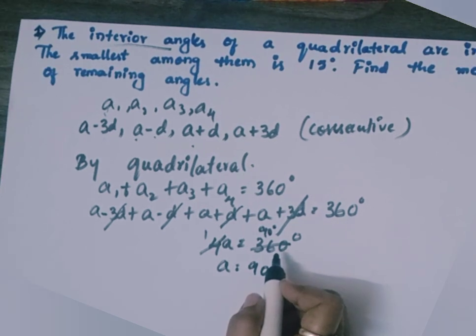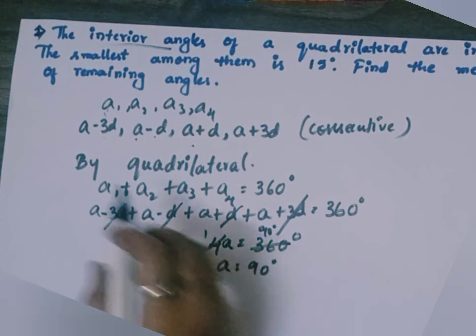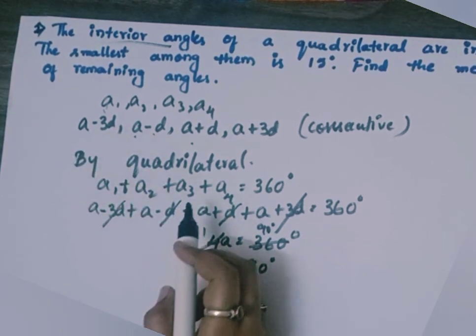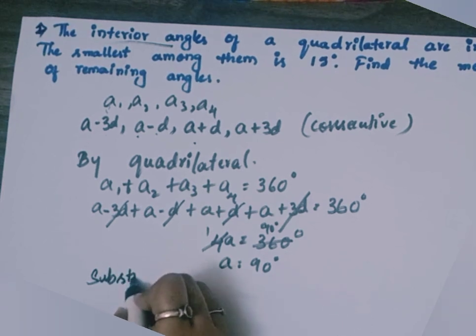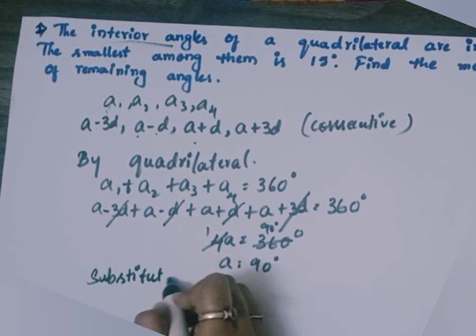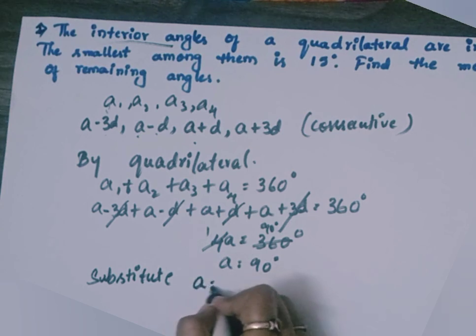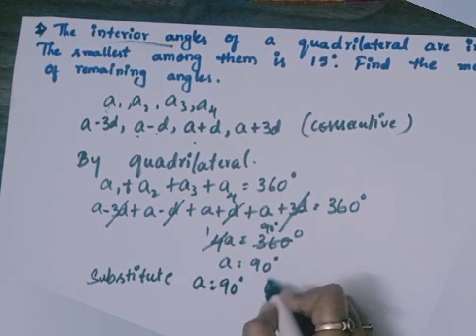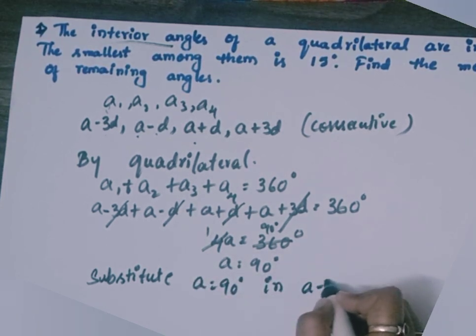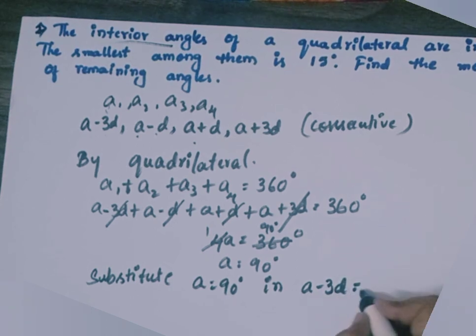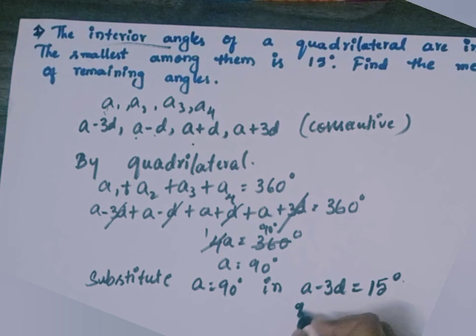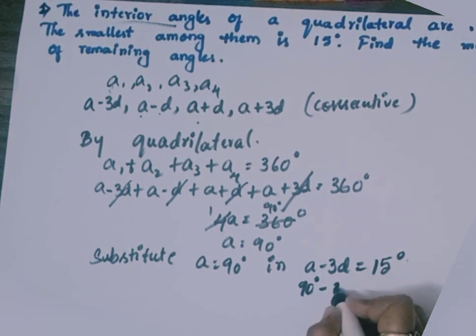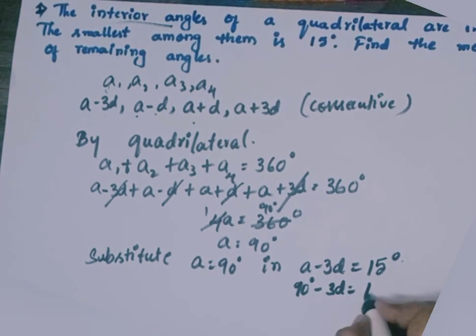Now they said the smallest one is 15 degrees. Which is the smallest one? That is a minus 3d. So I'll substitute a is equal to 90 in a minus 3d, because they already gave the value 15 degrees. So 90 minus 3d is equal to 15.